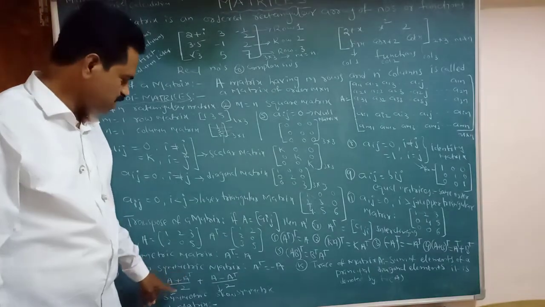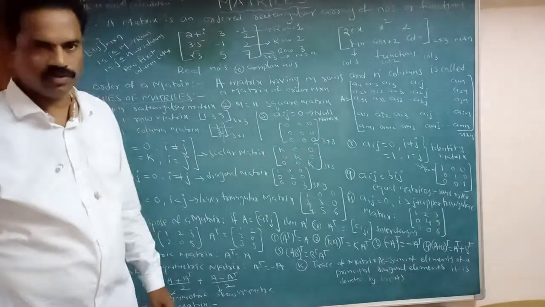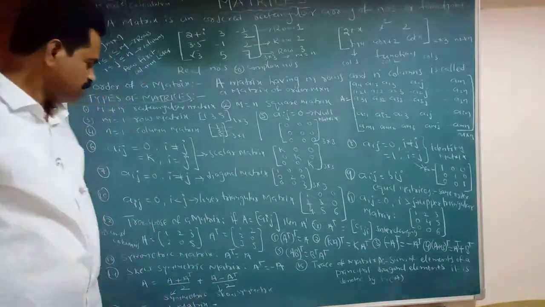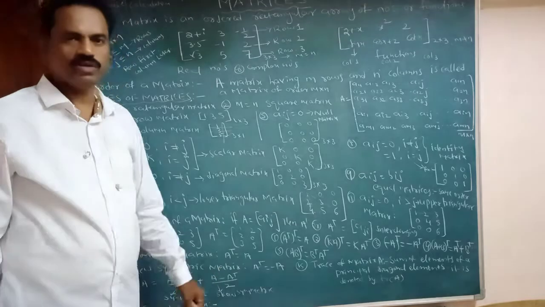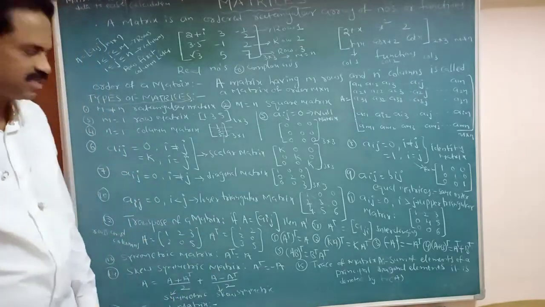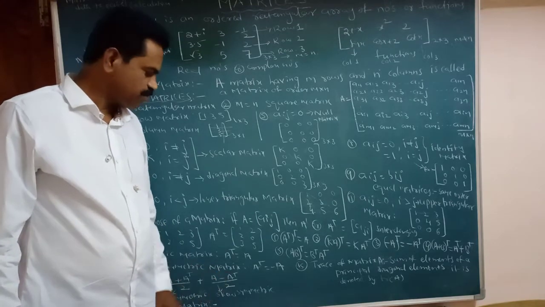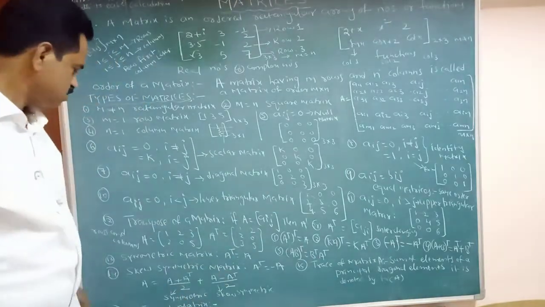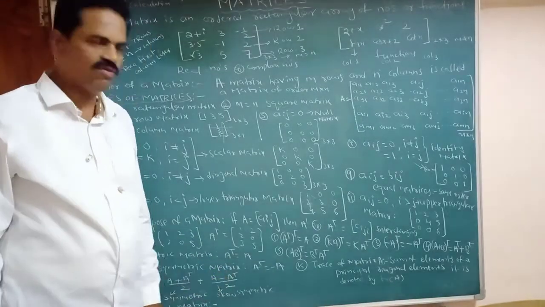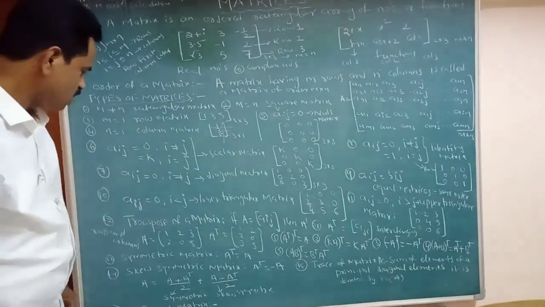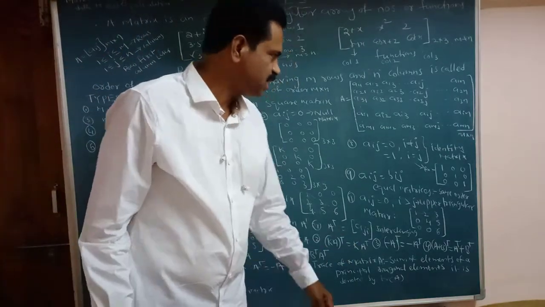So here (A plus A transpose) by 2 is symmetric, and (A minus A transpose) by 2 is skew symmetric. Sometimes he is asking A equal to P plus Q, then Q is equal to what? He is asking like this. Then Q equal to (A minus A transpose) by 2. Using the skew symmetric part, we can find the Q value.